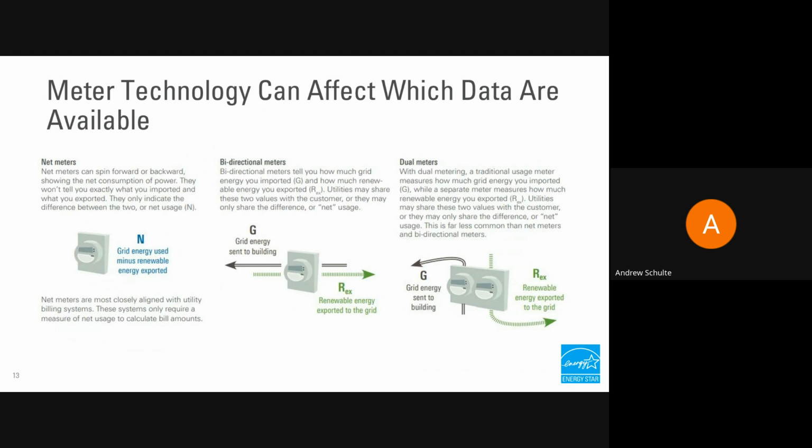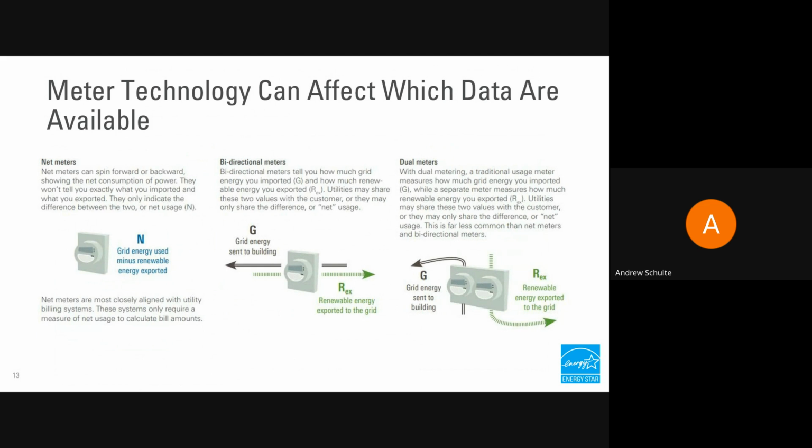In a lot of cases, especially where AMI infrastructure has been rolled out, we know that you've got either bidirectional meters or perhaps even dual meters in place, and that is where you have the ability to discretely monitor and track the incoming and outgoing flows of data into and out of the building.